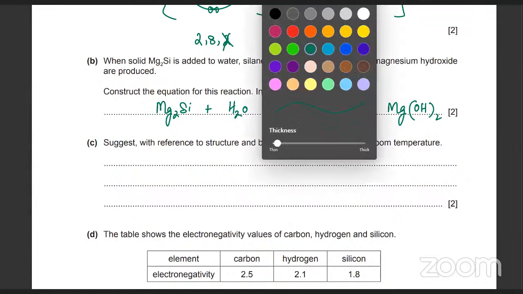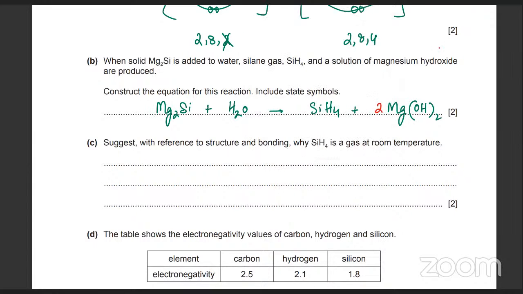So we need to balance this equation. There are two magnesiums, so you balance the magnesiums. The silicon is already balanced, and the hydrogens you just need to count. So solid Mg2Si is added to water, silane gas SiH4 is produced, and a solution of magnesium hydroxide is produced. The tricky part is balancing the hydrogens.